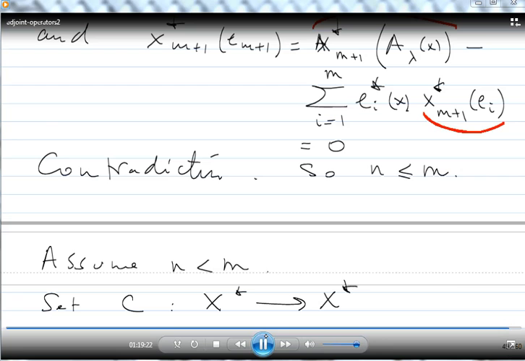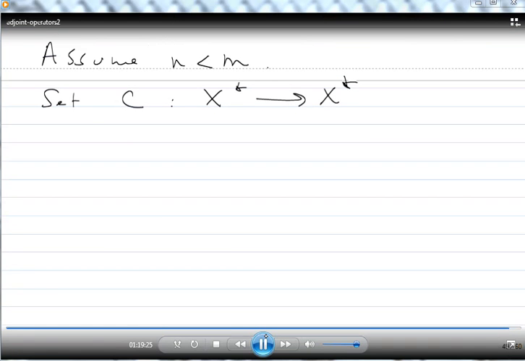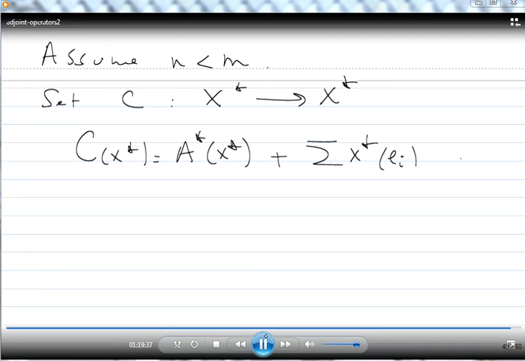C is defined by C of x star equals A star x star plus the sum of x star ei times xi star, i from 1 to n, and use the fact that C is going to be compact, and then do exactly the same proof to show that this will lead to a contradiction, similar to what we did before.